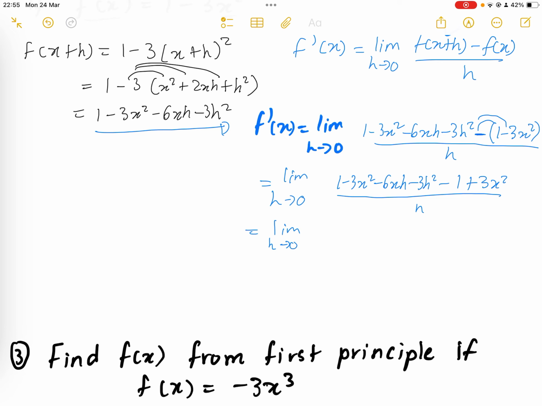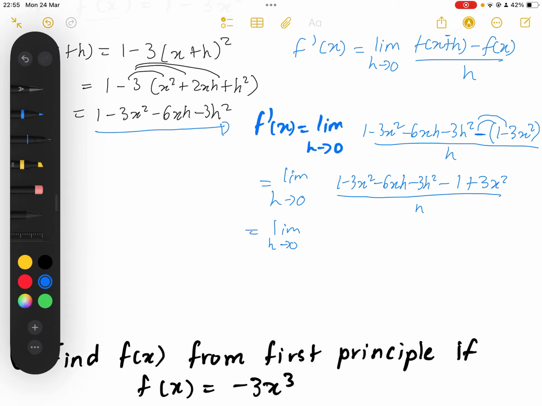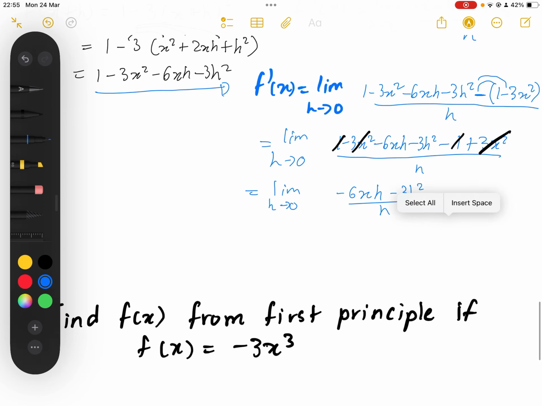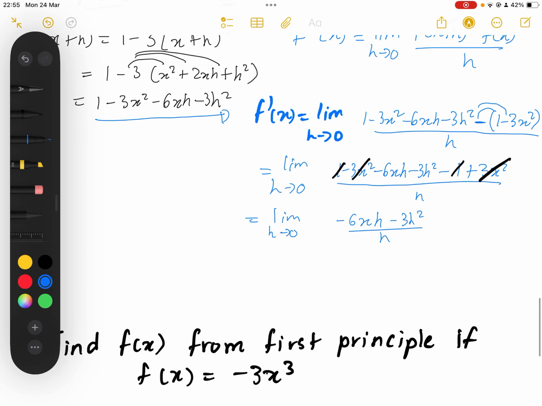What is going to be cancelling each other here? The 1 and the minus 1, and the 3x squared and the 3x squared are going to cancel each other. After that you're going to get negative 6xh minus 3h squared all over h. Now, what did I say? If you have two terms on top, just try to factorize.